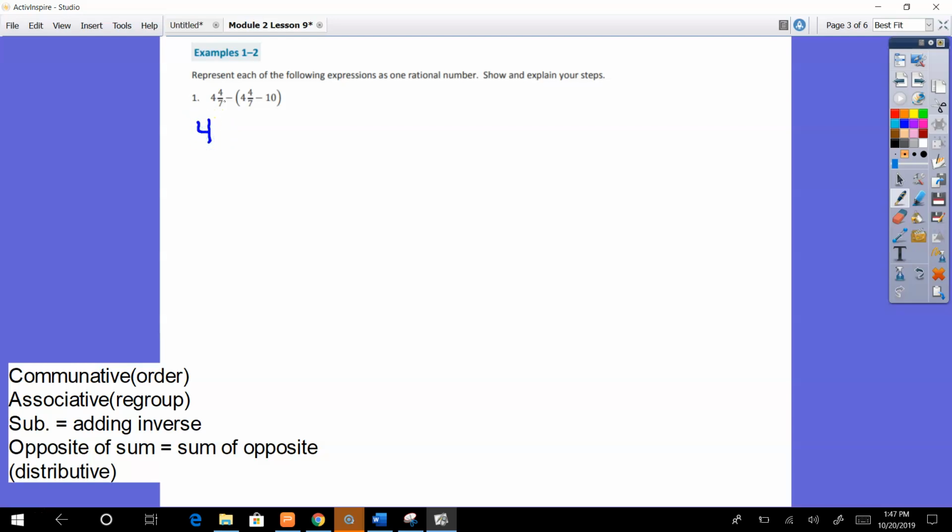So the opposite of the sum. We have 4 and 4/7. The opposite of 4 and 4/7 is that we're adding a negative 4 and 4/7.